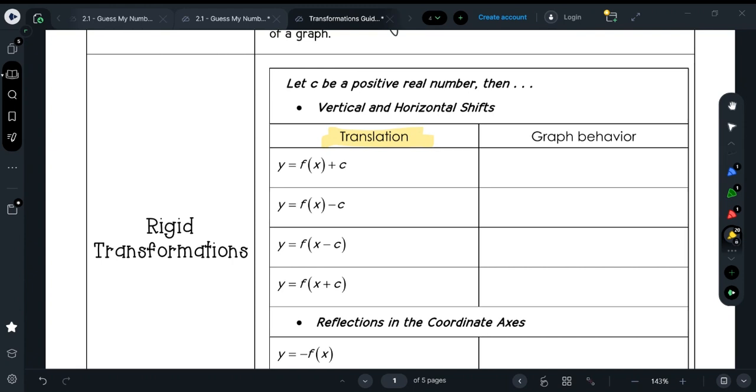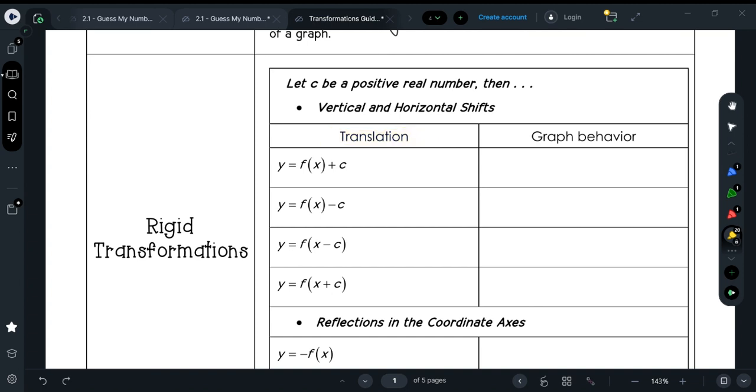And the key concept that we're looking for here as we go through these notes on transformations is we want to know, how does a change in the equation affect a change in the graph? And we want to be able to connect those two together. So let's take a look here.